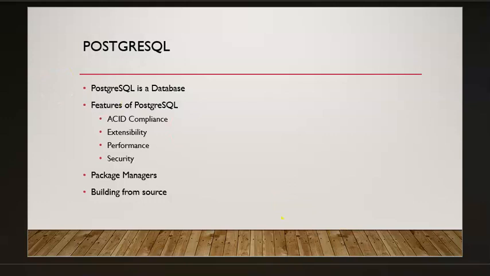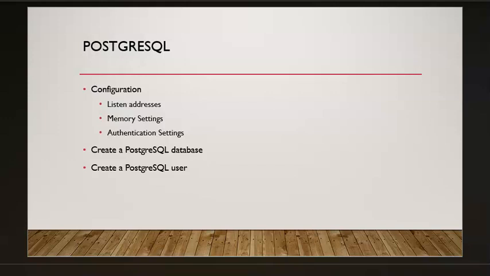To build from source, you'll need to have the following packages installed on your system. There are requirements: GCC or any other C compiler, GNU Make, Perl, and zlib are all required to install PostgreSQL from the source code.